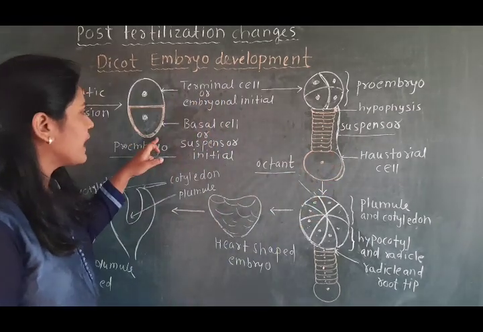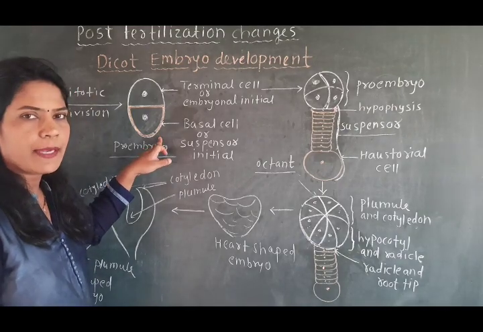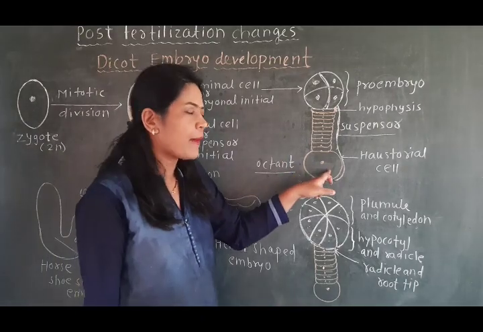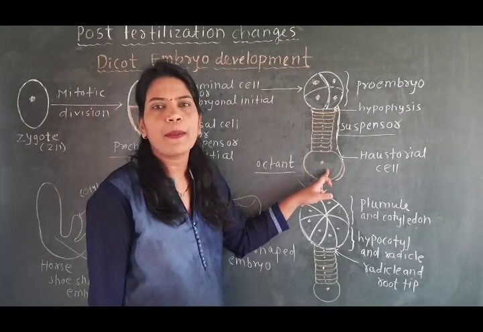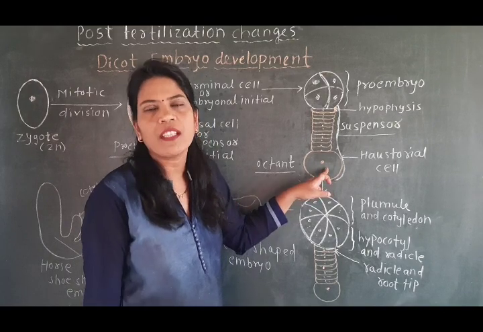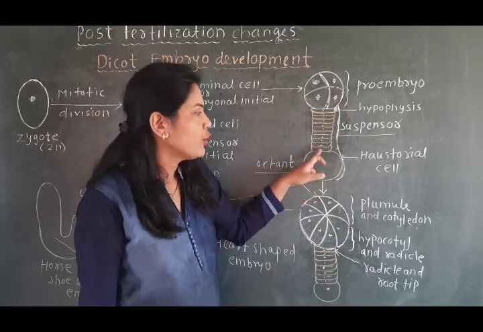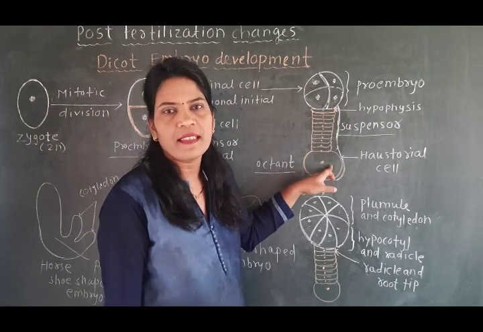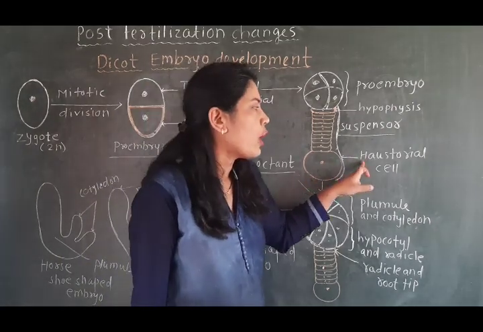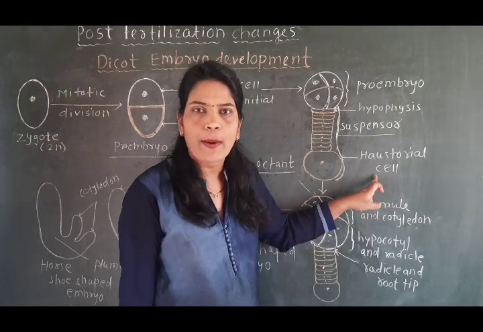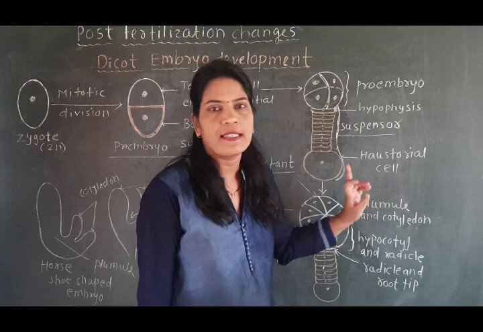As I told you, this end is the micropyle end of the embryo sac and this end is the chalaza end. So at the micropyle end the suspensor shows enlargement. The last cell of the suspensor toward the micropyle end is called the haustorial cell.